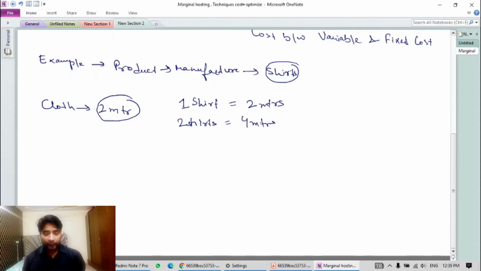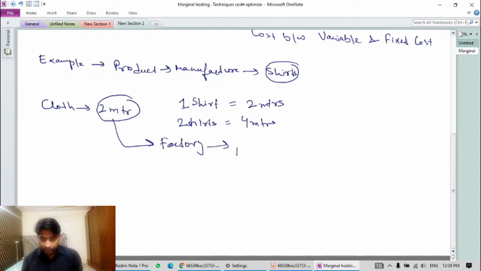Simple. Okay, I have cloth now, and I will manufacture the shirts in my factory, and the rent of the factory is rupees 2 lakh per month.